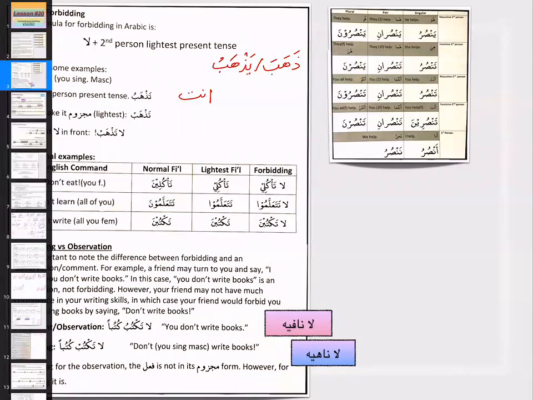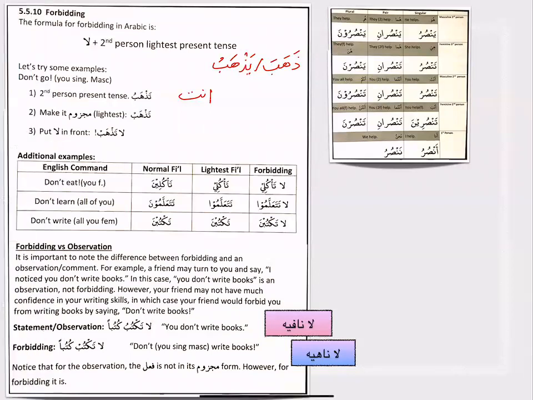We have the word ta'kulina. First of all, what's the formula for forbidding? We are starting with forbidding because it's the easiest one. You have to put la, plus you need to have the second person present tense majzoom.